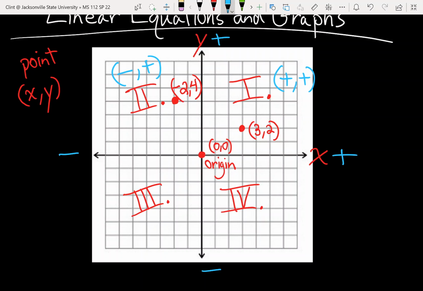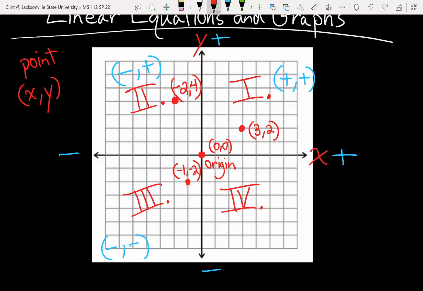Quadrant 3, we're also going to have negative x, but we'll have negative y with that. So maybe like negative 1, negative 2. And then quadrant 4 is kind of the weird one. For some reason, we just really don't end up spending a whole lot of time in quadrant 4.